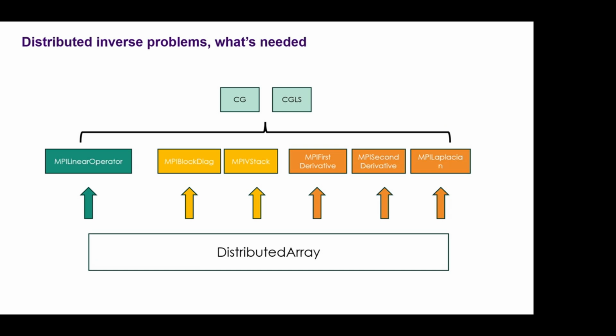So as I mentioned previously, we have things like this block operator that allows you to combine multiple operators in a block fashion. You can stack them vertically, you can stack them horizontally. And these are the kinds of operators that we needed to build because they require all of this internal communication.